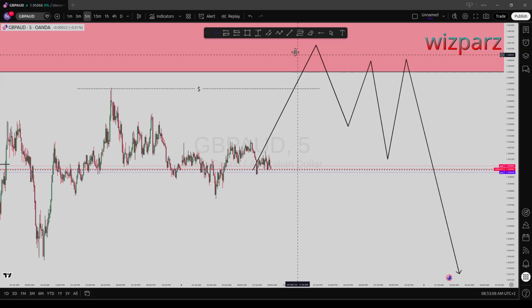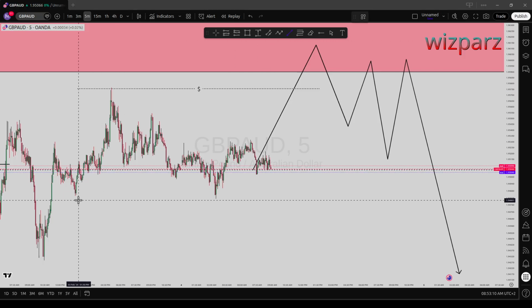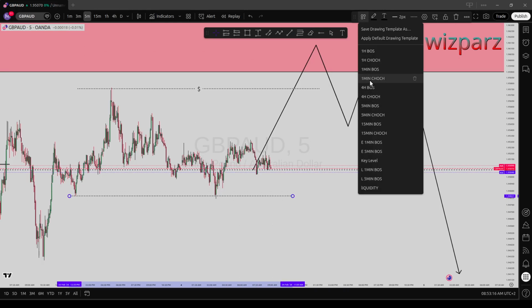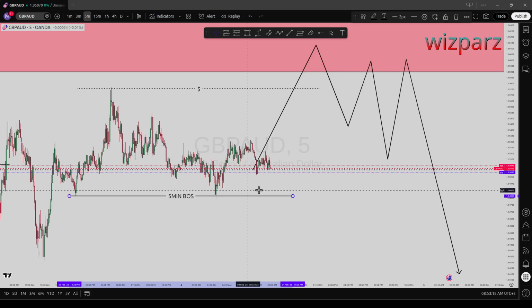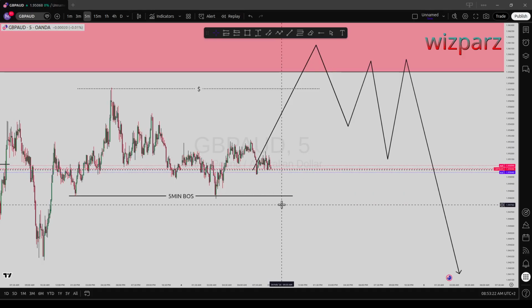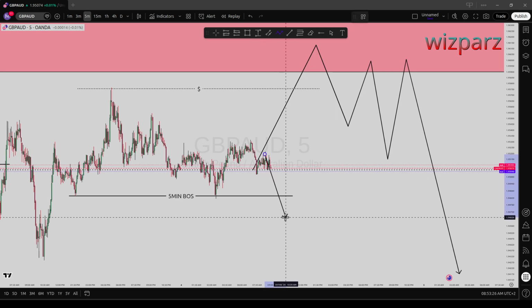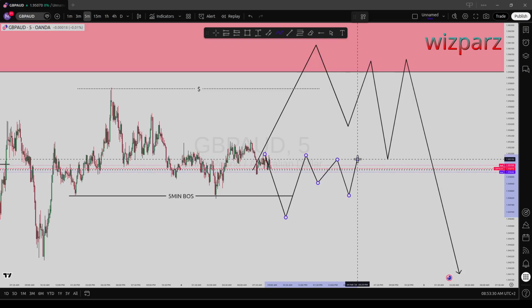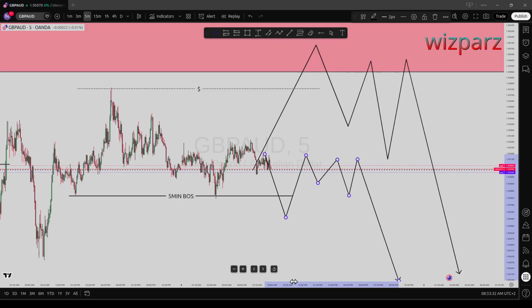I am only going to look for a short again if price breaks this structure on 5 minutes. If we see a price candle on 5 minutes and then close below, then I'm going to look for short opportunity like this, and then a 1-minute time frame market shift, then continue looking for short opportunity.